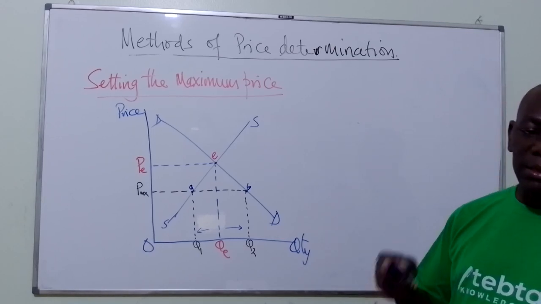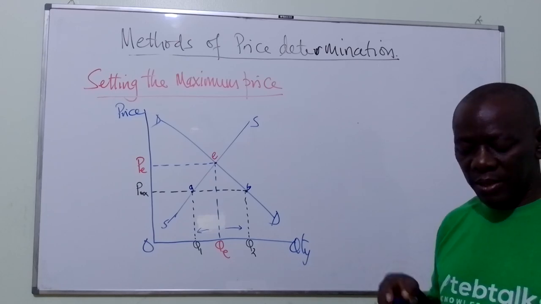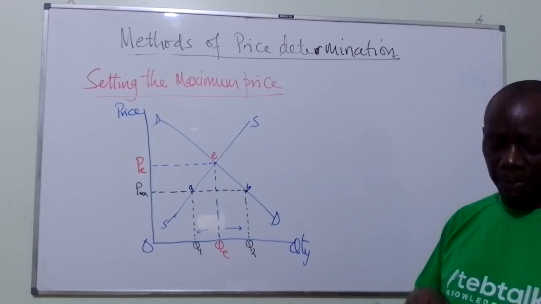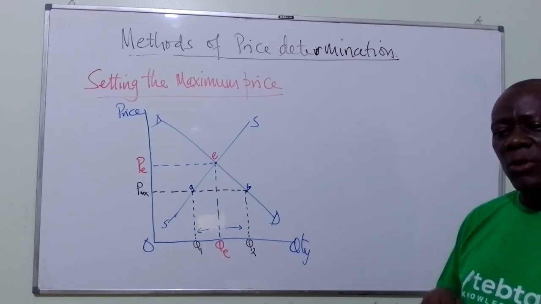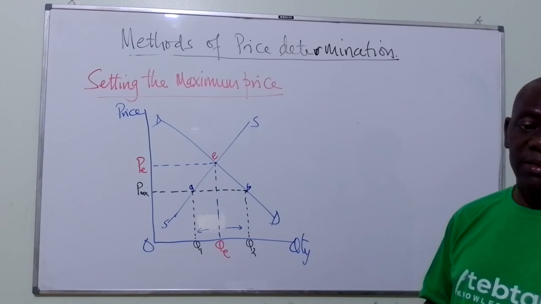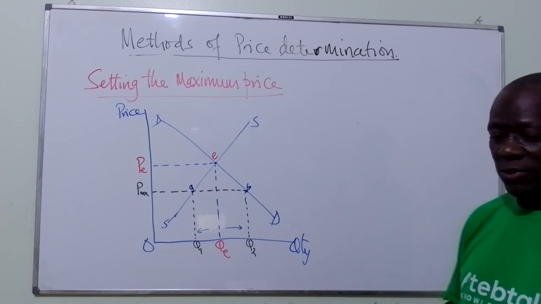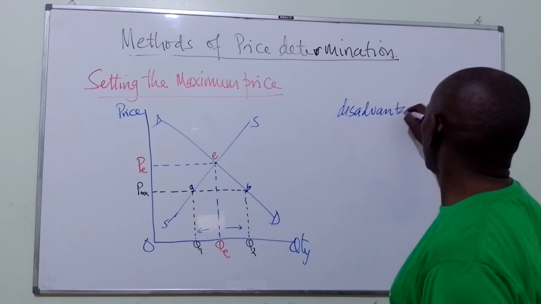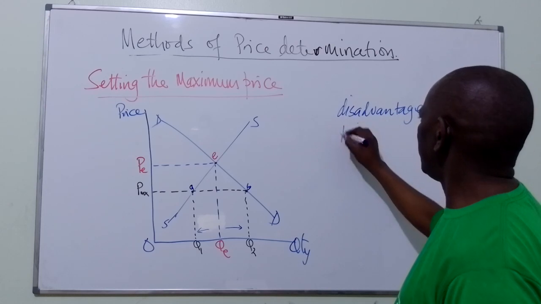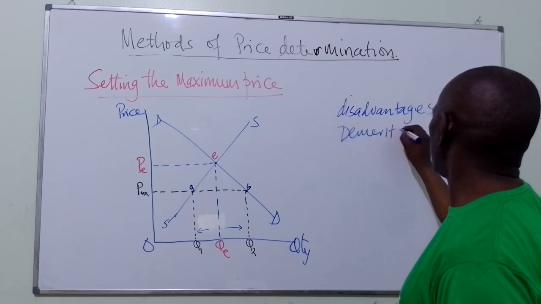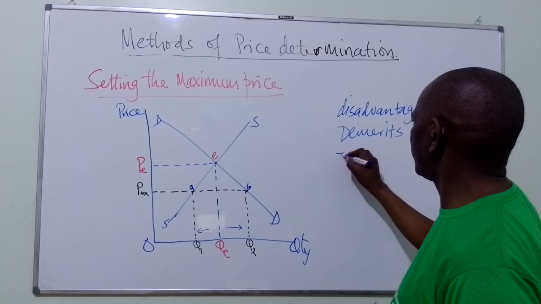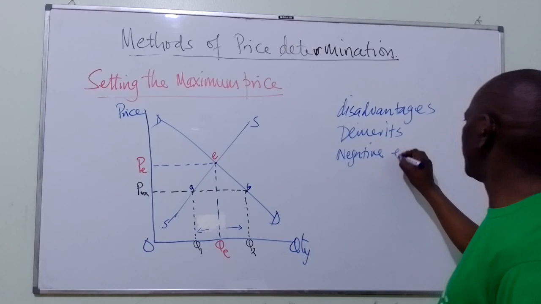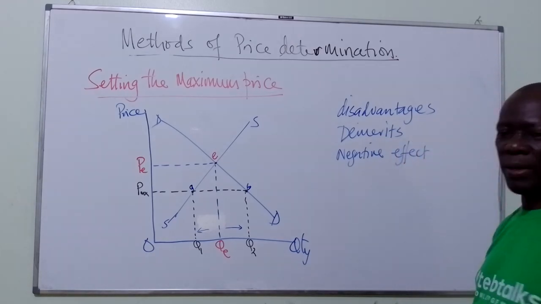So we have seen that the reasons and the advantages are the positive aspects. Now, the negative aspects of maximum price, we are talking about the disadvantages, the demerits, and the negative effects of maximum price.